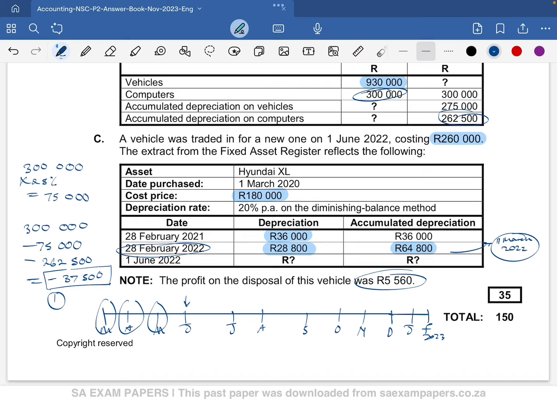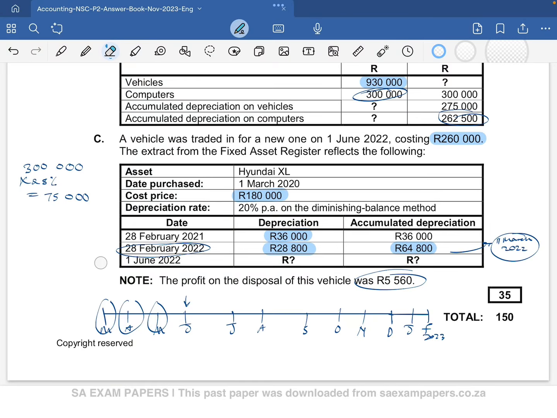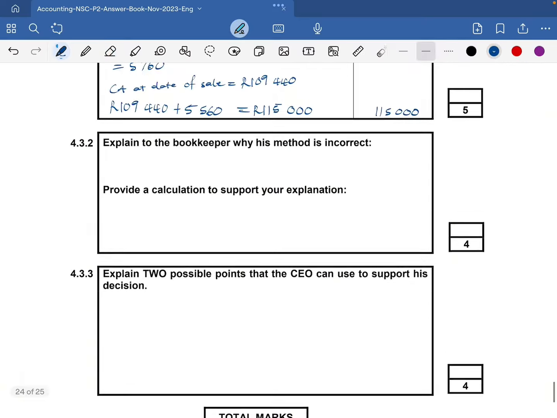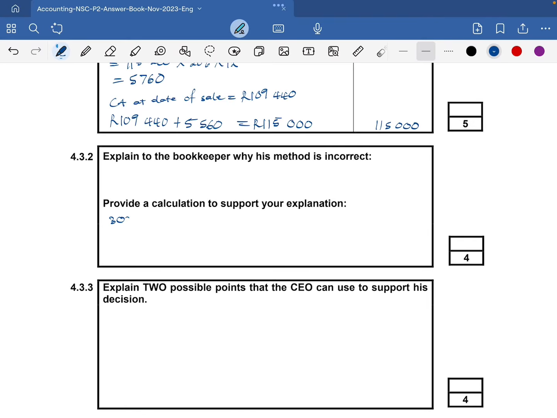So we need to take that negative balance, and we are going to use the accumulated depreciation at start to determine the carrying amount. So we had 300,000. Okay, let's just use our answer book. We had 300,000 minus the 262,500.